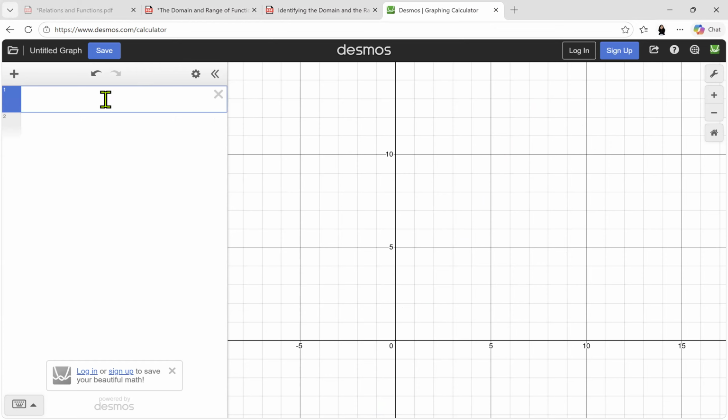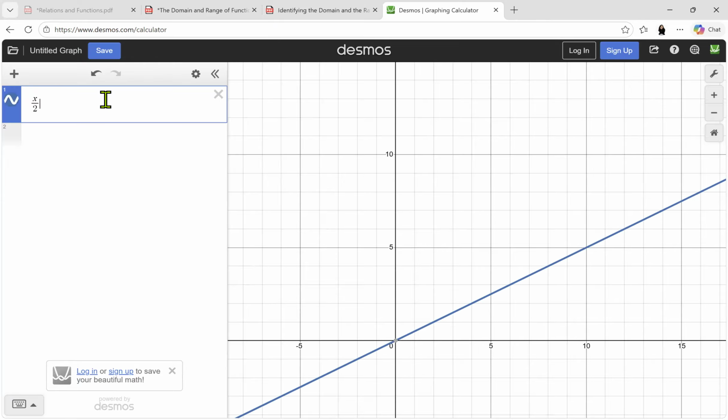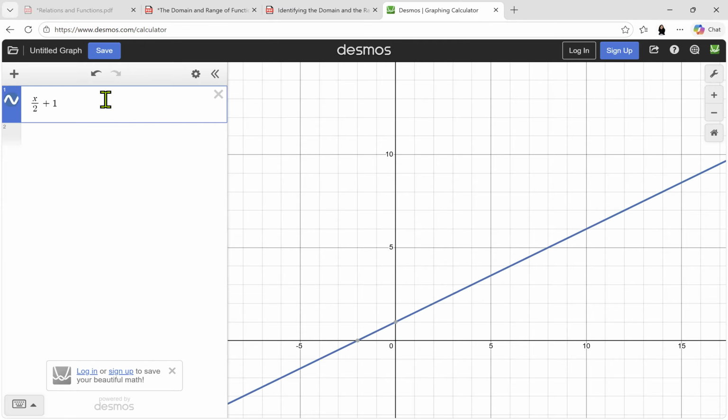So let's say we had f of x is x over 2 plus 1. All right, so your function is x over 2 plus 1, right?